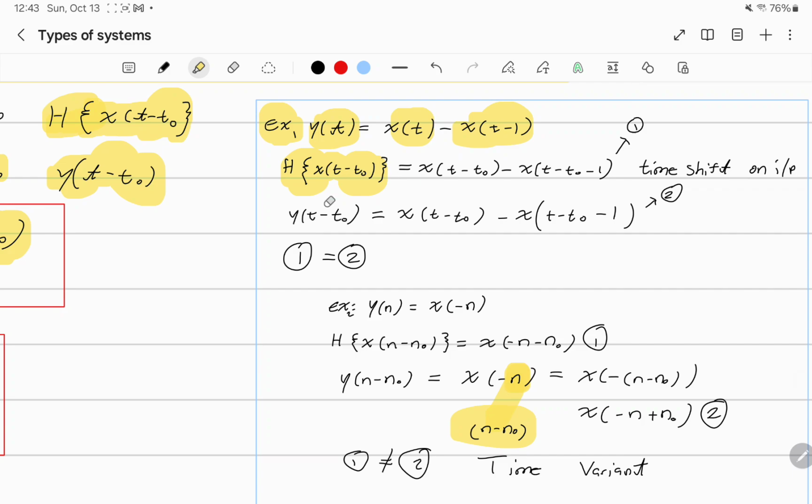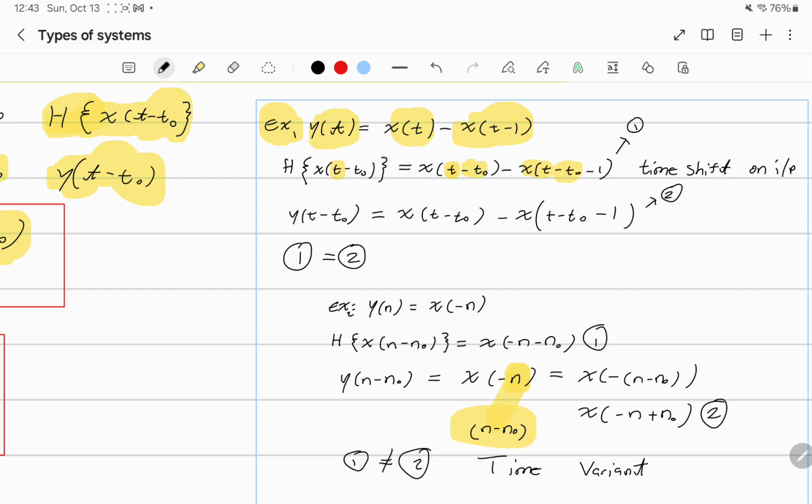What I'm essentially doing for the shift on the input is, for every t I see, I add a minus t naught. So we have x of t minus t naught, and for the second term, x of t minus 1, I add a minus t naught to it too.